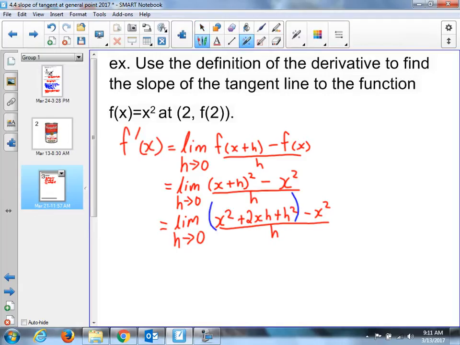Now, this part's the front square. I want to keep in mind, this wasn't the case here, but if this was a longer thing, like minus 3x plus 5, you have to drag that negative sign through. That's a common error. And you'll probably catch that you made that mistake because in this next step, anything without an h should eliminate.